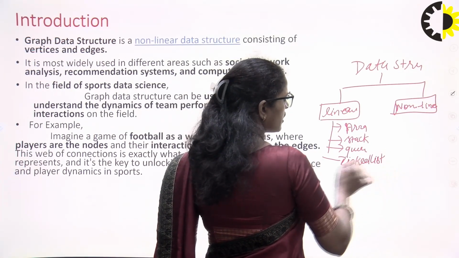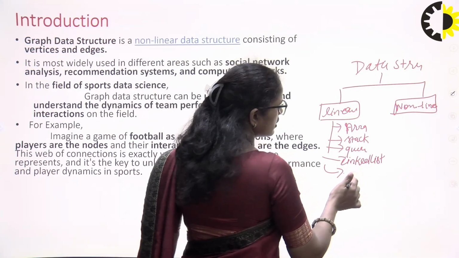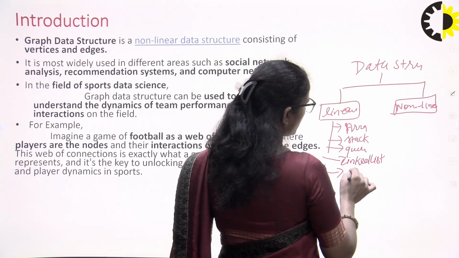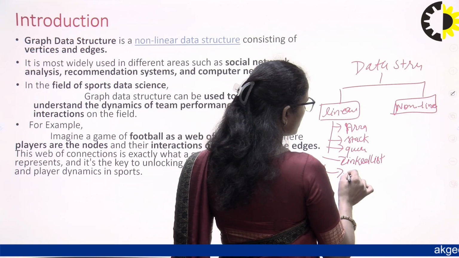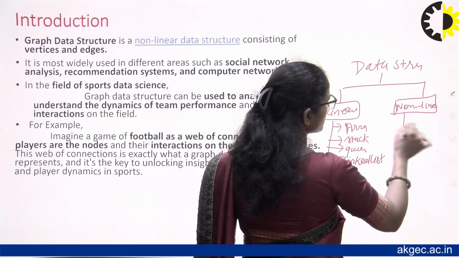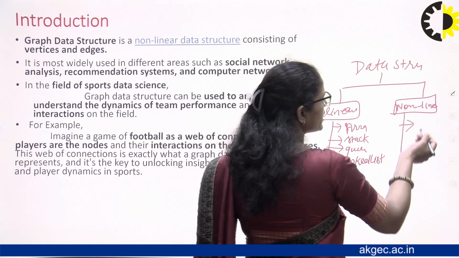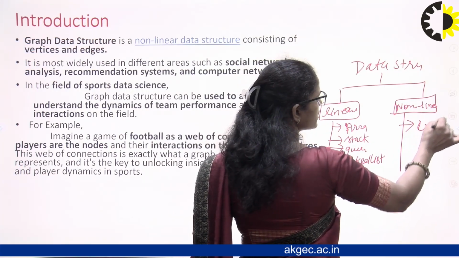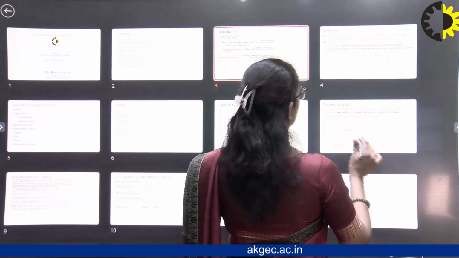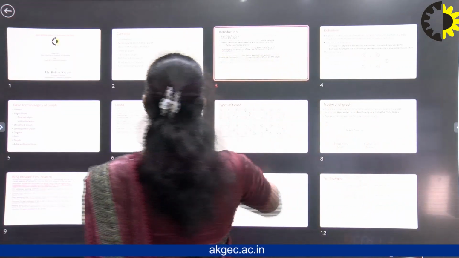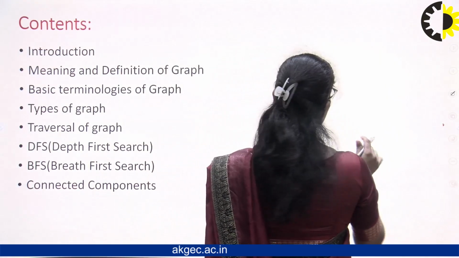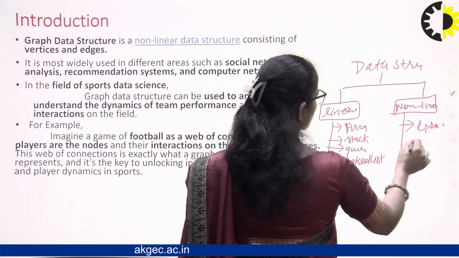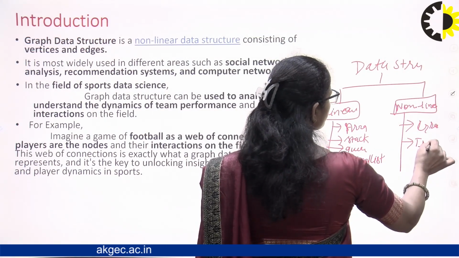These are the linear data structures. If I'm talking about non-linear data structures, we have graph and tree.